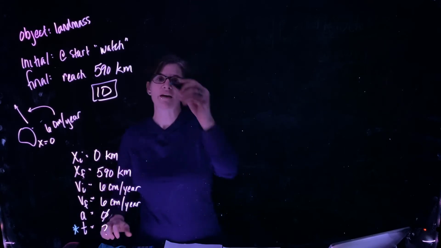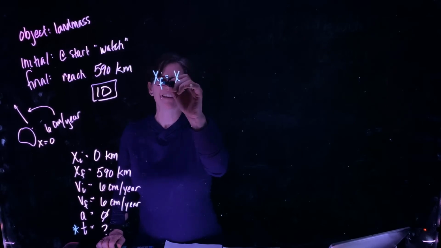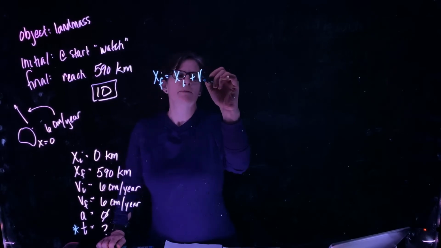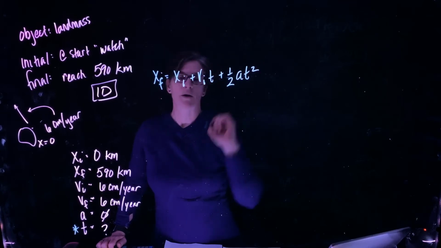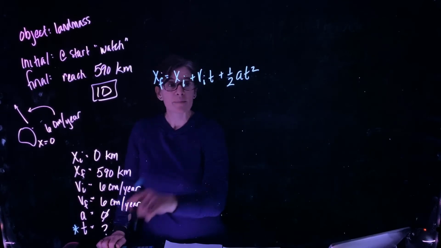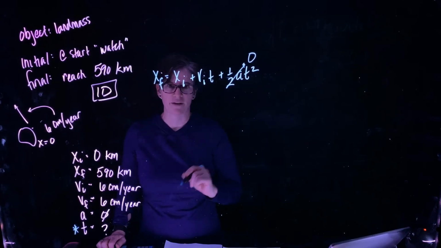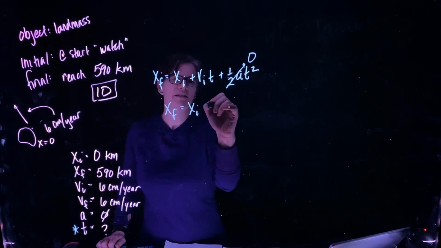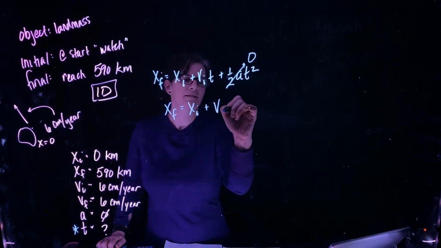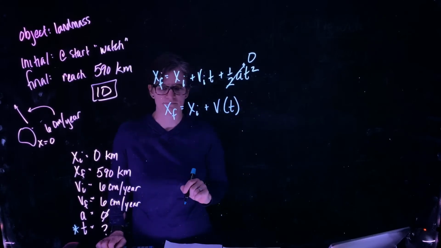So we're going to use that first relationship where x final is equal to x initial plus v initial t plus 1/2 a t squared. Now, because my acceleration is 0, this term is not going to be relevant. So we're left with a variation of this equation that's a little simpler for our constant velocity.